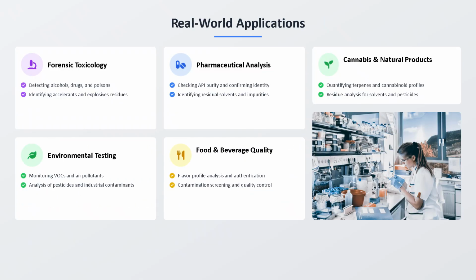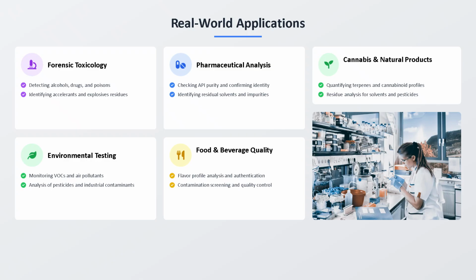GC-MS is used in some of the most impactful industries today. In forensic toxicology, it detects alcohols, drugs, poisons, accelerants, and explosive residues. In pharmaceuticals, it protects patient safety by checking API purity, identifying residual solvents, and detecting impurities. Environmental scientists use it to monitor VOCs, pesticides, and industrial contaminants.